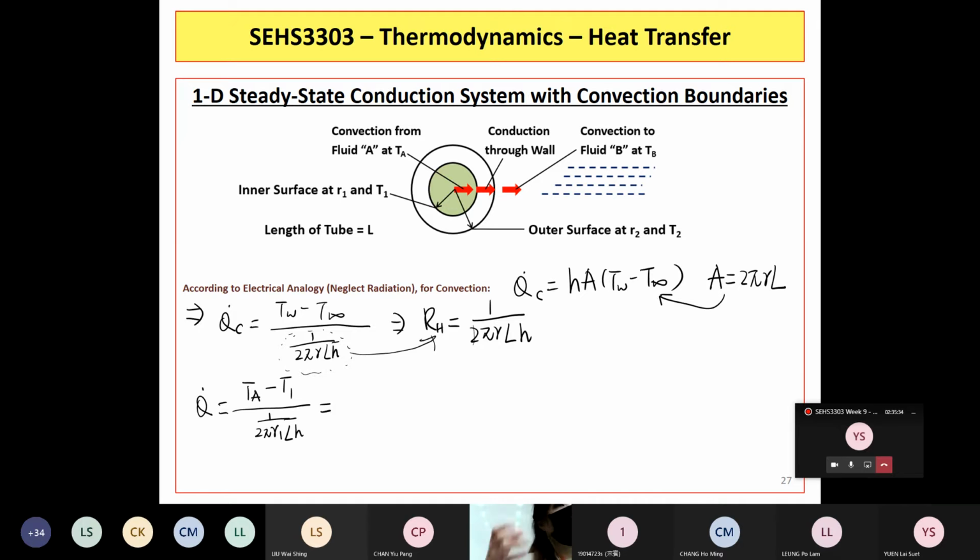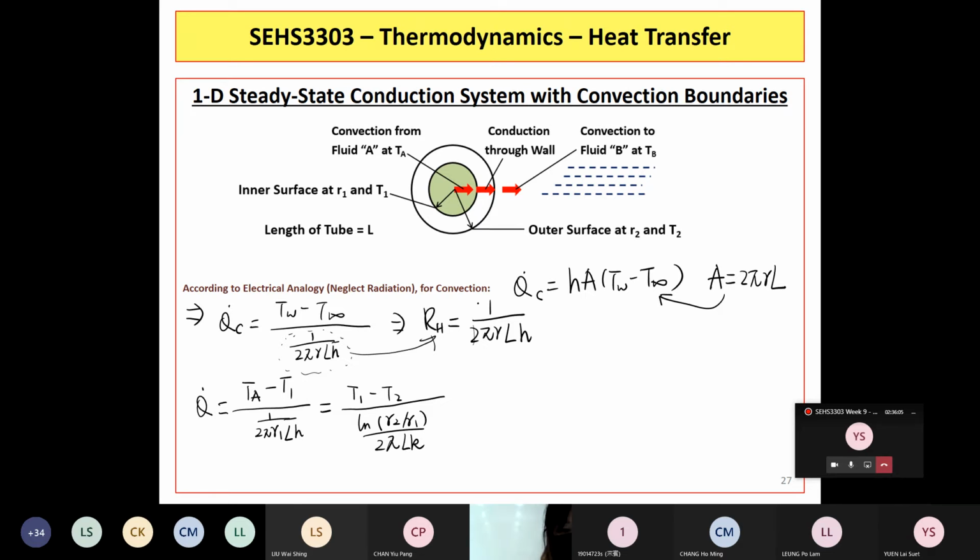Conduction, the wall of the pipe. For that, who can tell me? T1 minus T2 divided by ln, right? This is a conduction through the wall.